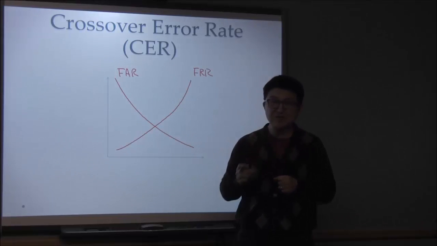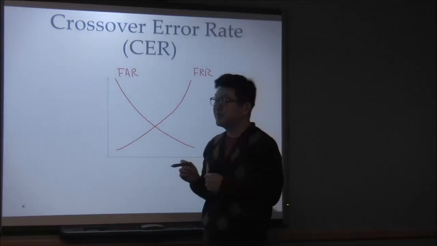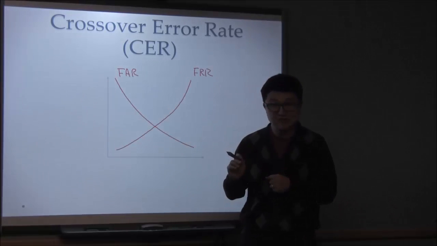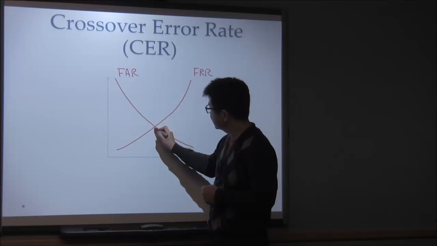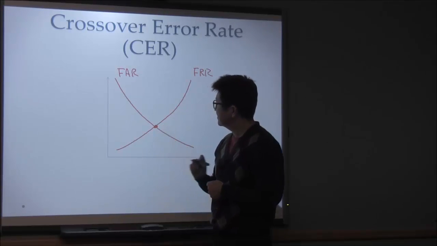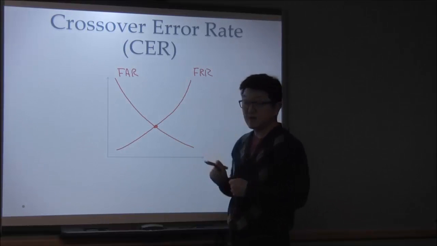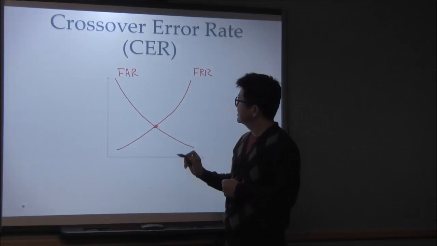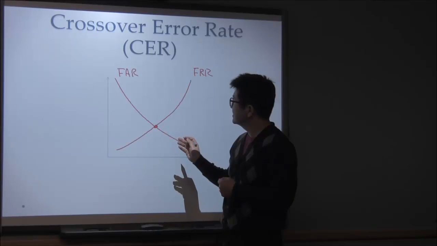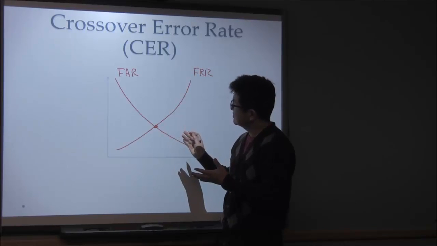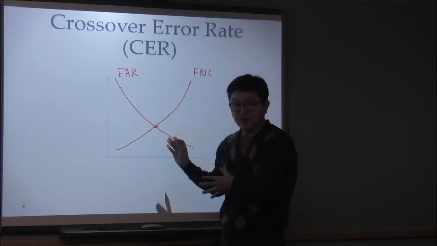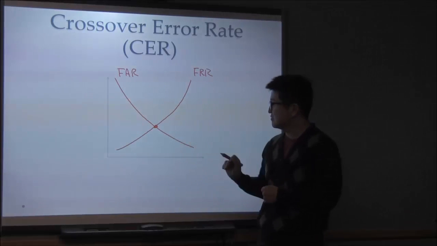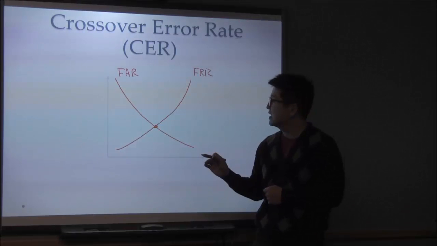So the best you can do is find a happy medium between the two graphs, which is right here. Wherever these two graphs intersect, they will be meeting no matter what. That's one thing you can get out of this graph.